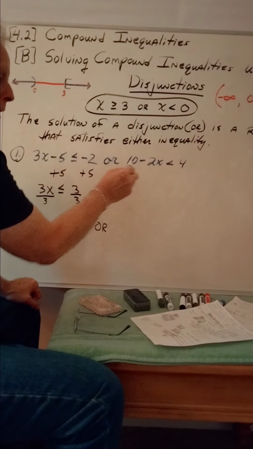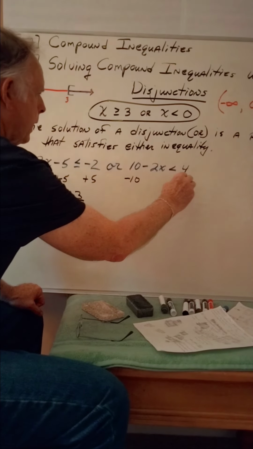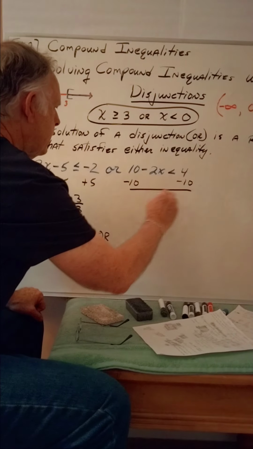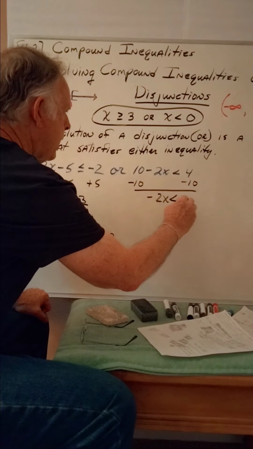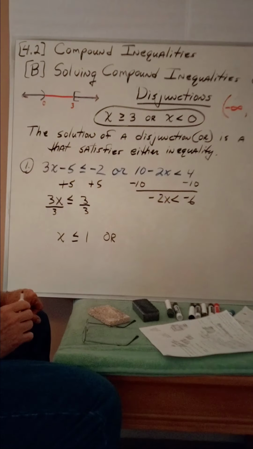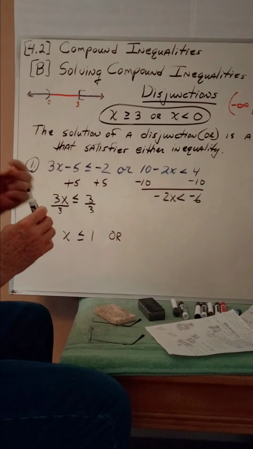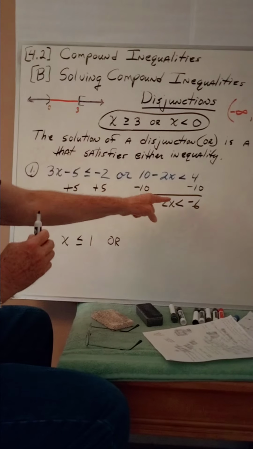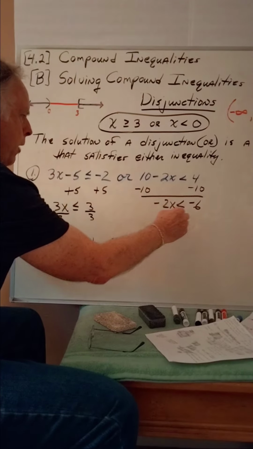We've got to get rid of the 10 first. So we do its opposite. Negative 10, negative 10. Negative 2x is less than negative 6. Now we're going to have to divide both sides by a negative 2. And because we're dividing by a negative, we're going to have to reverse that inequality symbol. So I'm not going to put the fraction bar there.